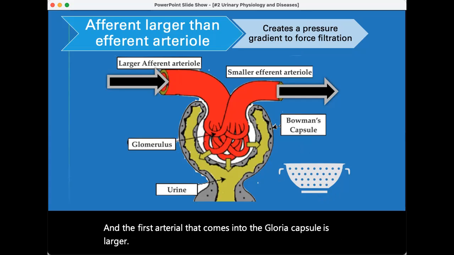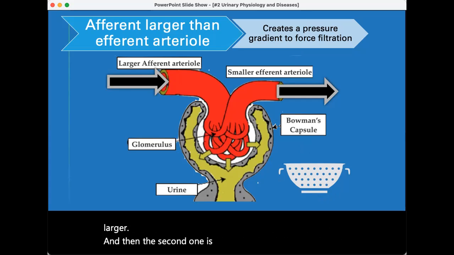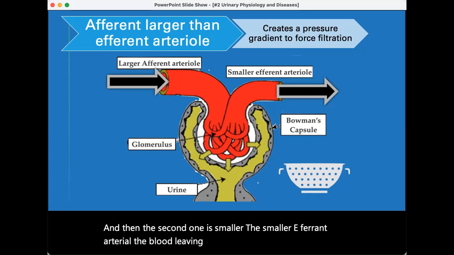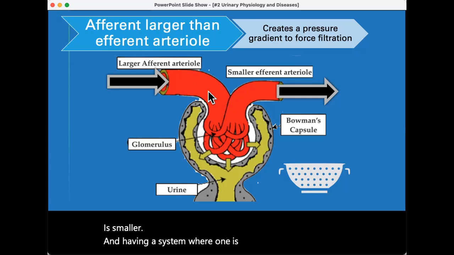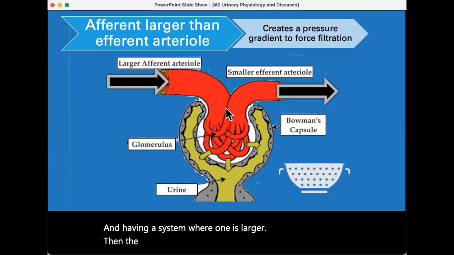And then the second one is smaller, the smaller efferent arteriole, the blood leaving the glomerular capsule is smaller. And having a system where one is larger than the other forces more fluid, more plasma to leave the glomerulus. So it creates this pressure gradient.